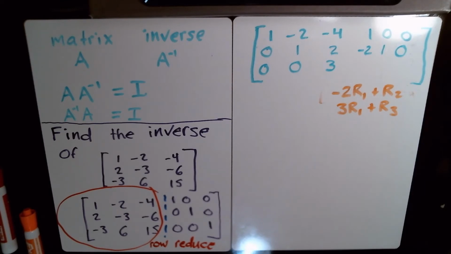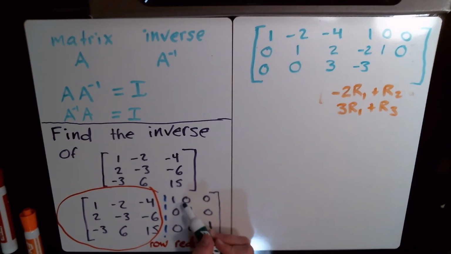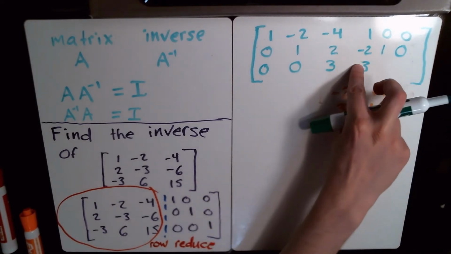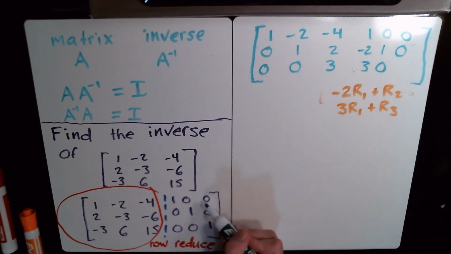And then do these ones as well. Sorry, positive 3, because we're doing positive 3 times row 1. So positive 3 times 1 is 3, plus 0 is 3. 3 times 0 is 0, plus 0. So that's 0. 3 times 0 is 0, plus 1 is 1.